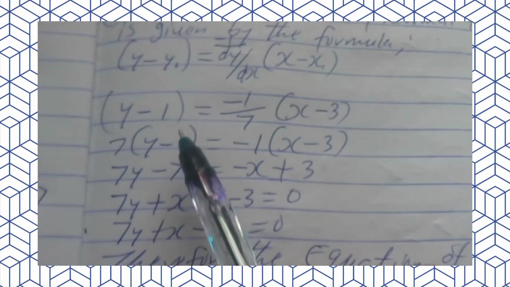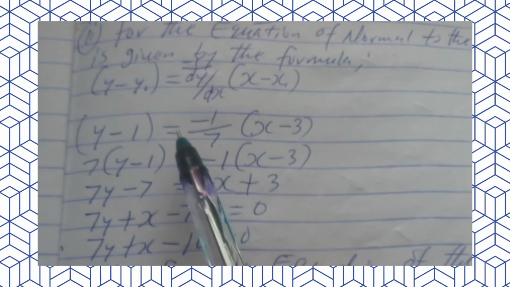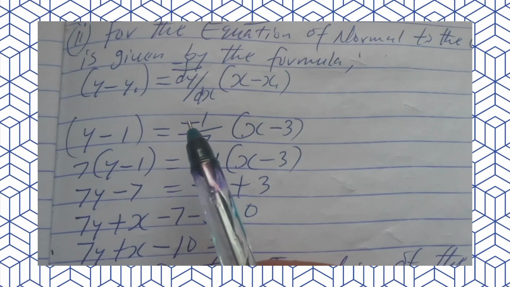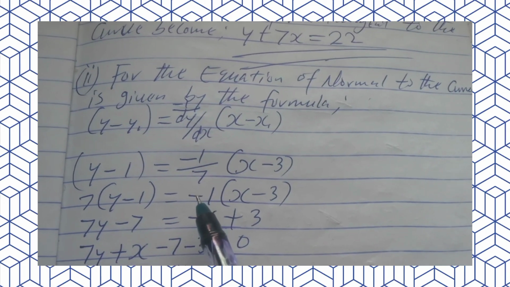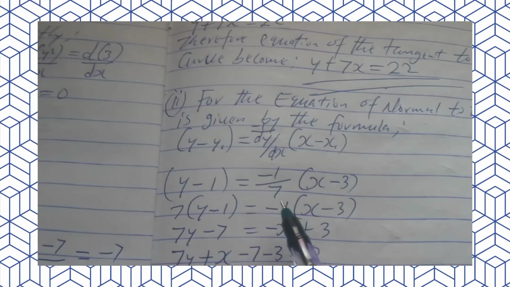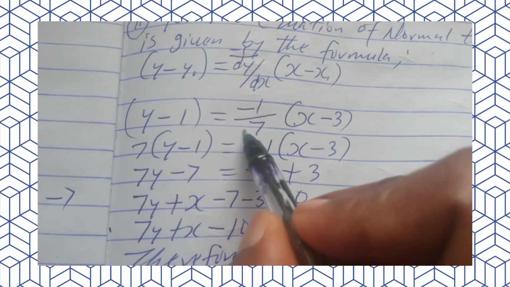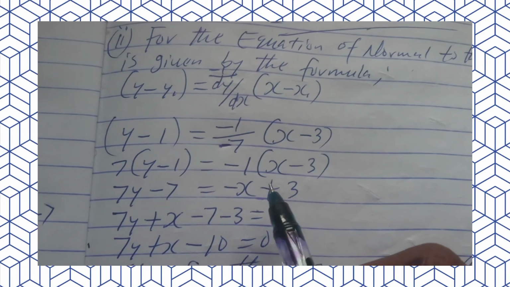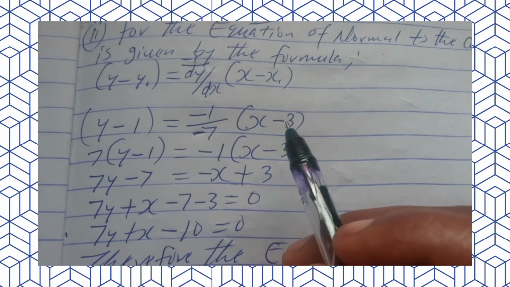So in this case, you know that our y1 is 1. Substitute 1 here in place of y1, equals minus 1 all over dy over dx, and we know that our dy over dx was minus 7, so minus 7 times x minus 3.